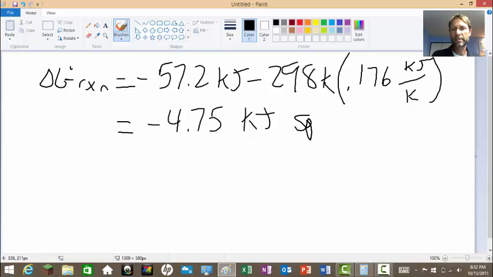And so this is a spontaneous reaction. NO2 is favored to form N2O4 at 298 K.